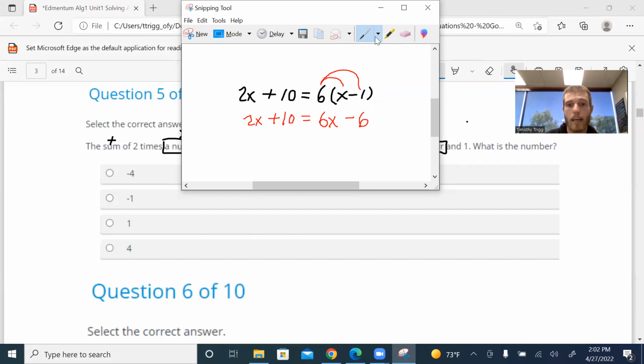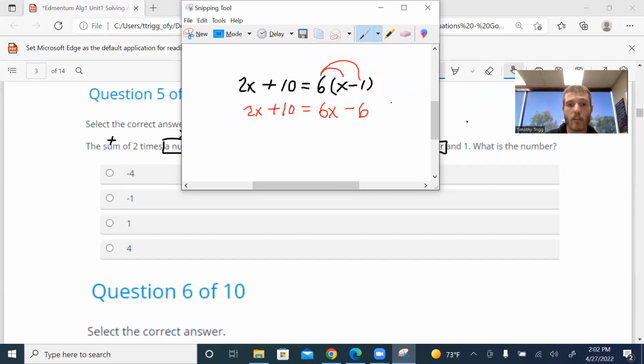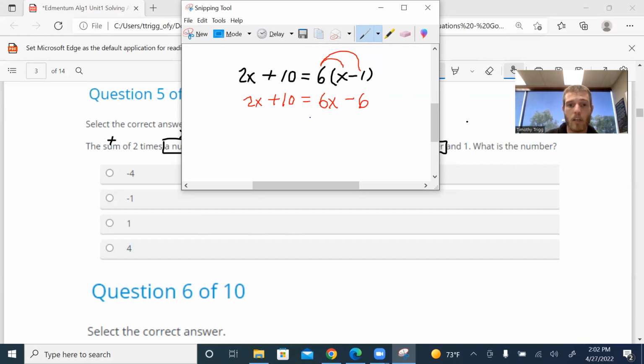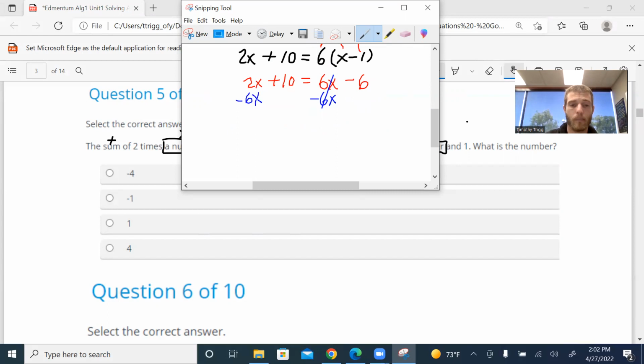Again, I don't like having x's on both sides of the equation. So I'm going to subtract 6x to cancel here. But if I subtract 6x here, I have to subtract 6x from the other side to keep it equal. That gives me negative 4x plus 10 on the left, and negative 6 is what's remaining on the right.